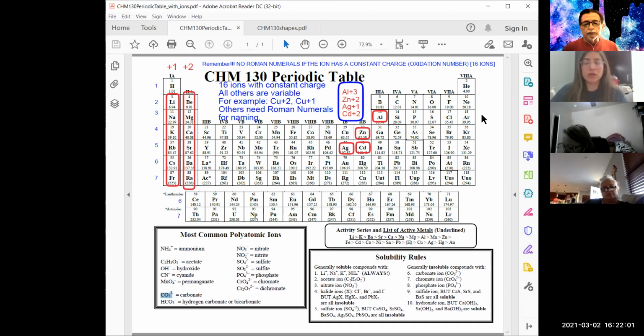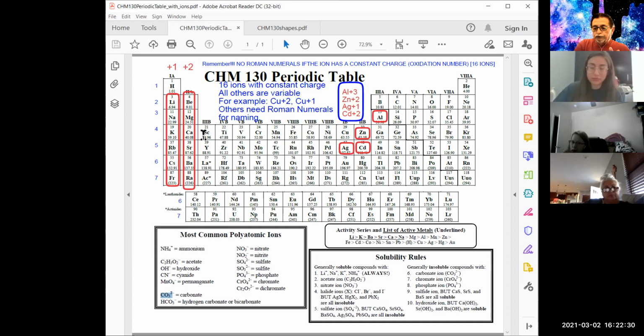Losing 1 is much easier energy-wise. By losing that 1 electron, they now have their next layer, which is full with the octet. The driving force is obtaining the octet, 8 electrons around the outermost shell. So there are 6 metals there, lithium on down, that always, 100% of the time, have a +1 charge.